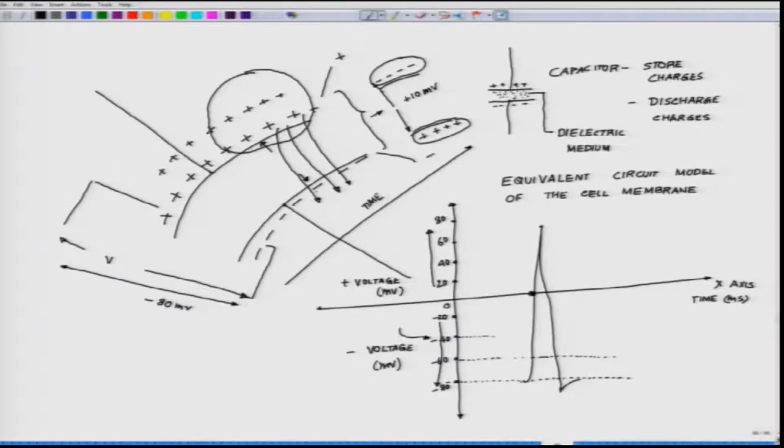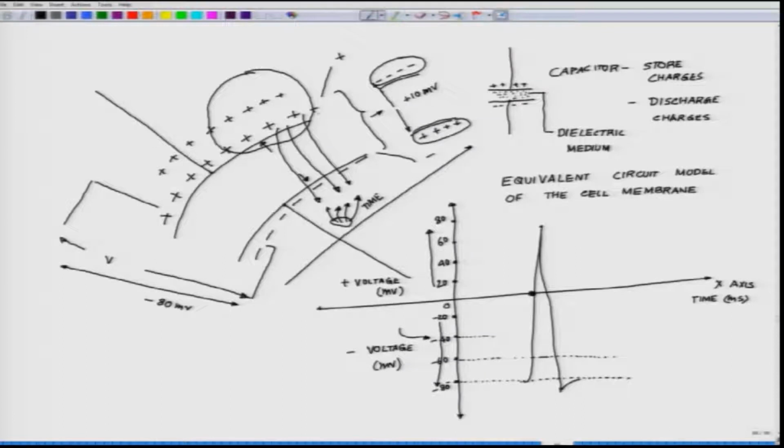Or there is another option, inside this there is some structure which stores so much positive charge that all of a sudden all those positive charges come out. But there is no such structure, there is one structure, but that is a very small structure. Even if it gives out all of it, it is not going to really make the whole membrane positive.